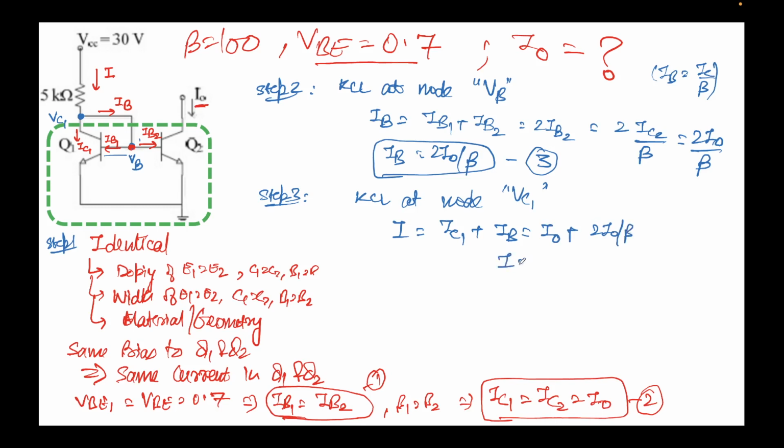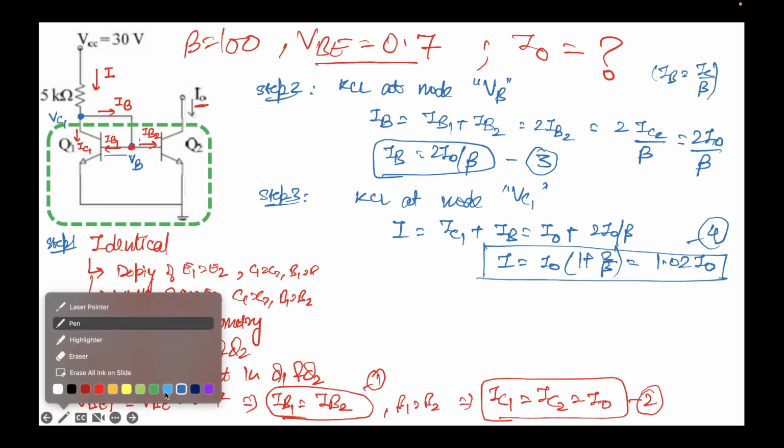So this gives me I equal to I0 times 1 plus 2 over beta, and the value of beta is 100, so this will be 1.02 times I0. Let's call this expression 4.